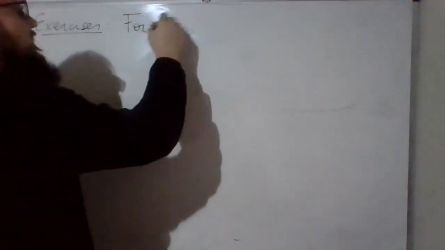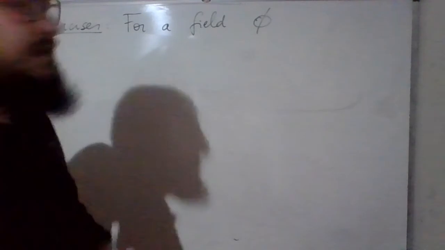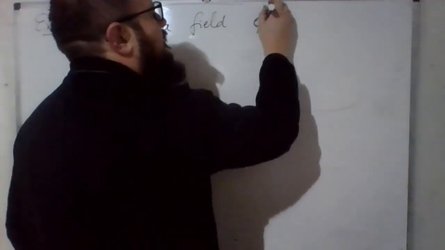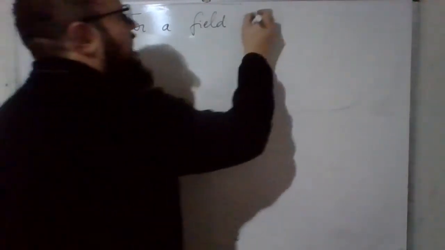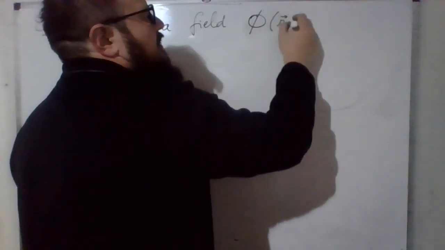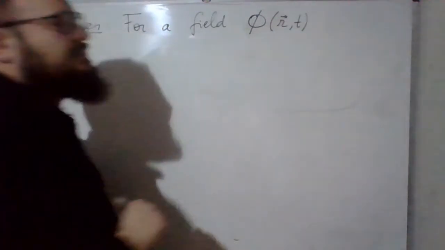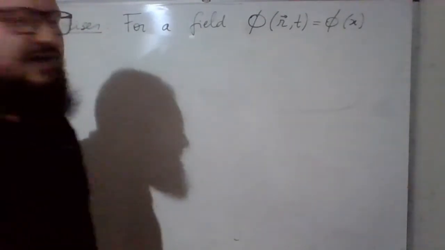For a field phi, depending on the coordinate vectors and time t, which usually we just write phi of x using a relativistic notation.